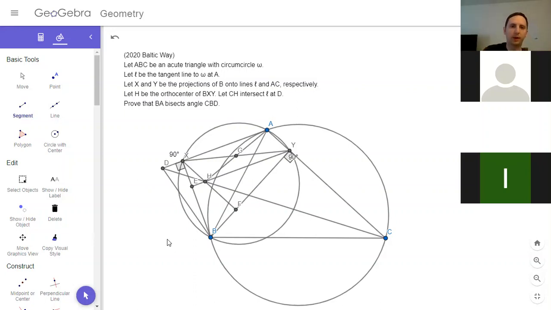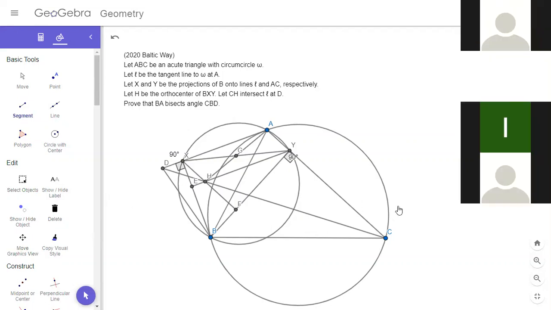So another way to say it is that if we draw the circumcircle of BAD, we want to show CA is tangent to it. It's another way to frame it.